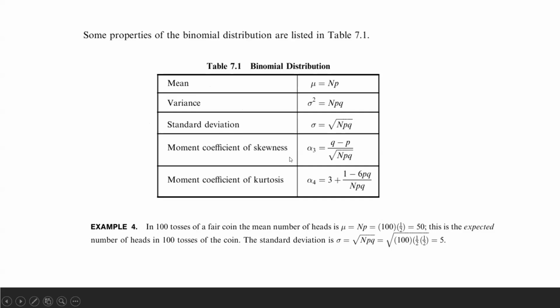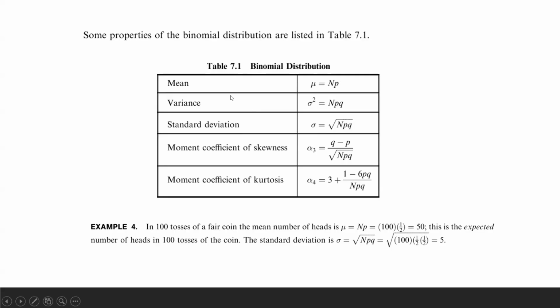Those things are very important. Mainly mean, variance, and standard deviation. Those three parts are very important.